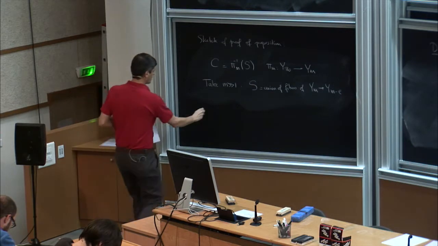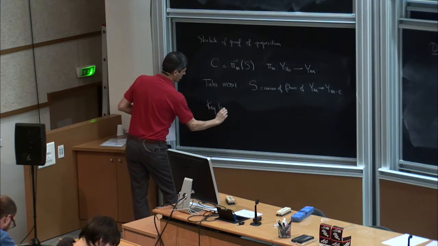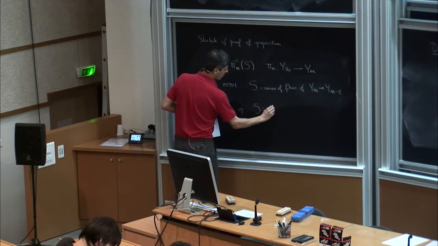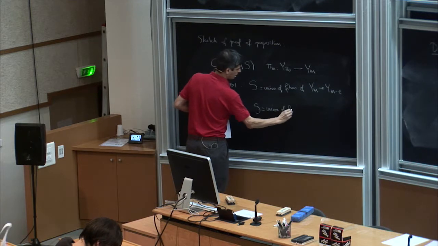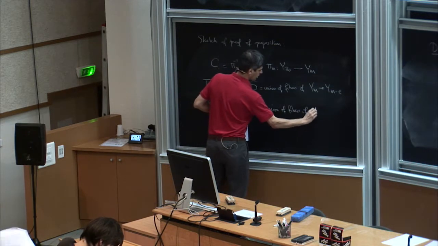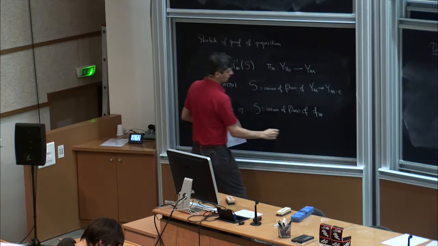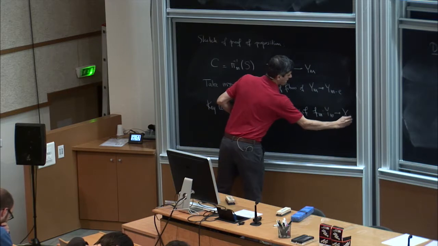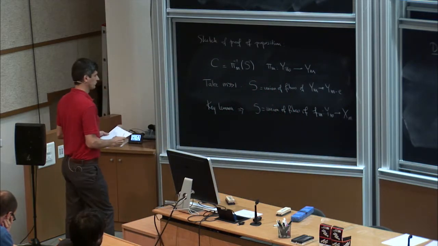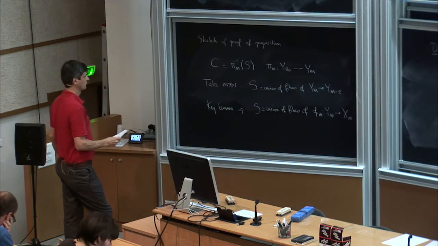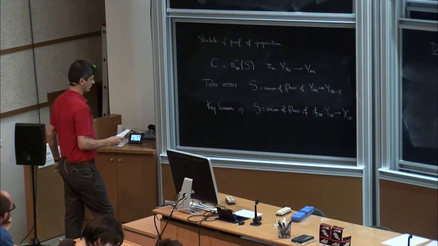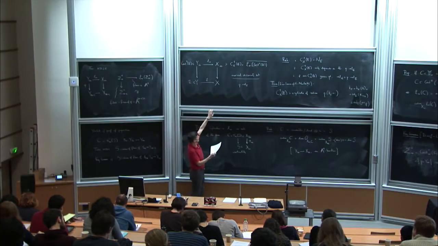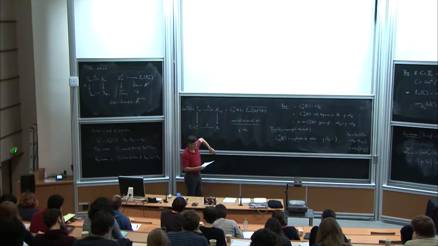But then the lemma implies that S is also a union of fibers of F_m, which goes from Y_m to X_m. Okay, so now we can look at the image of S inside X_m.